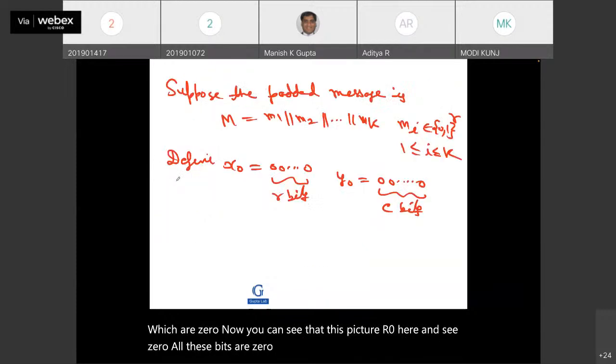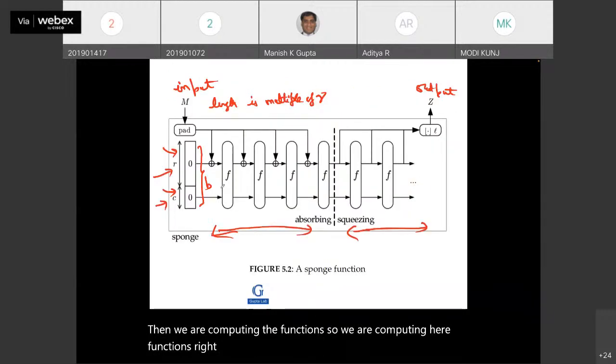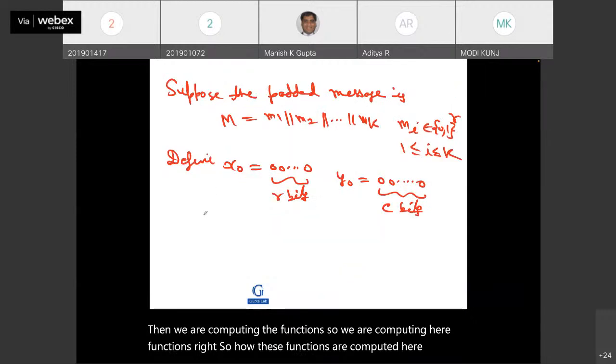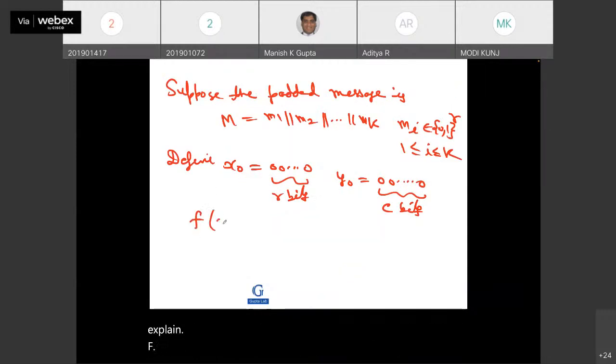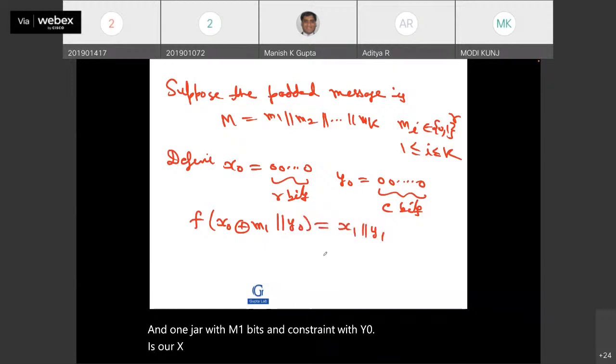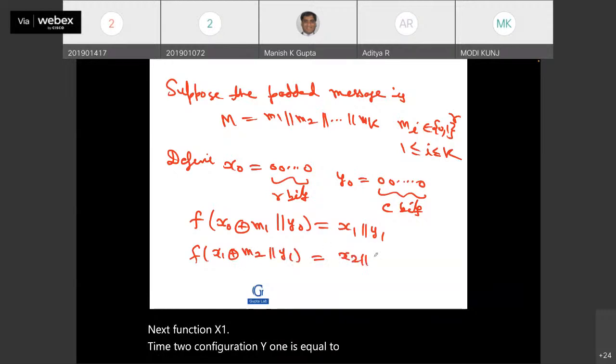Then we are computing the functions. So how these functions are computed, we can explain. F of M1 XOR with X0, concatenated with Y0, is our X1 concatenated with Y1. Next, the function applied to X1 XOR M2 concatenated with Y1 is equal to X2 Y2, and so on.